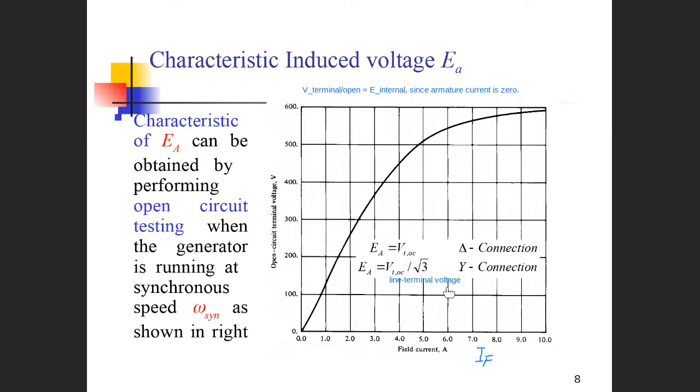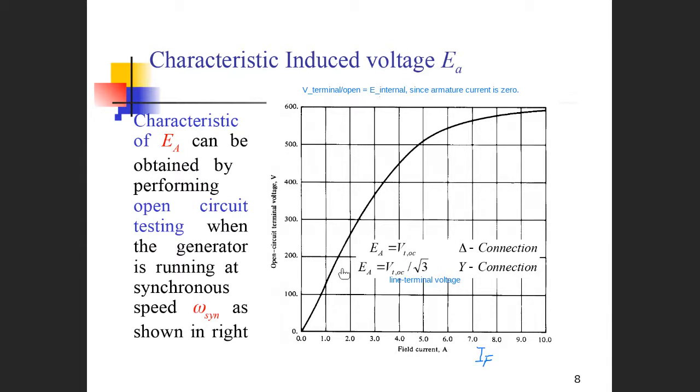So the line terminal voltage over √3 for a star connection will be the internal per phase voltage. If it is a delta connection, the per phase voltage will be equal to the line voltage you measured here. If you do not know the internal connections, you suppose it is a star connection, then you can determine the per phase values EA. That's the meaning of it.